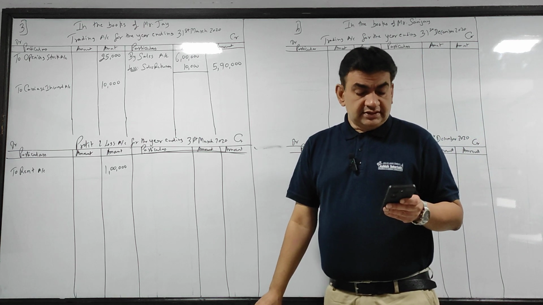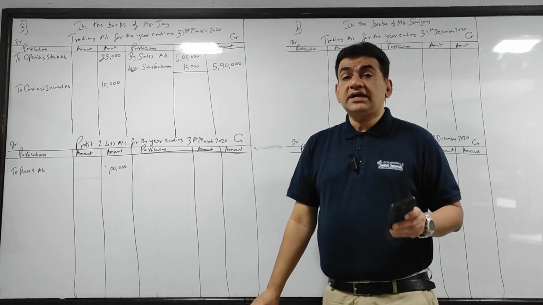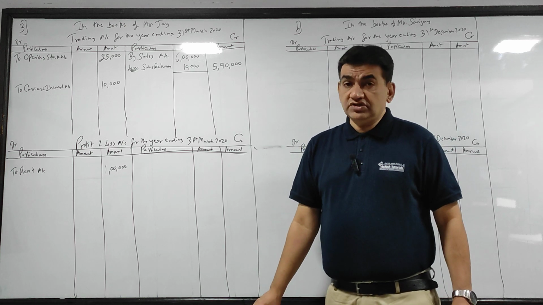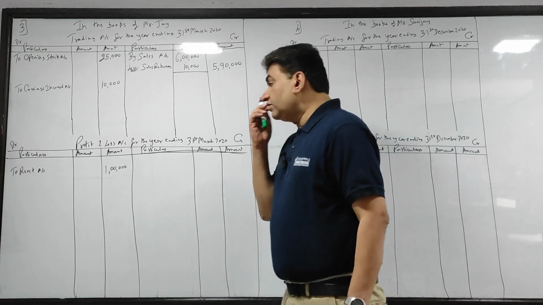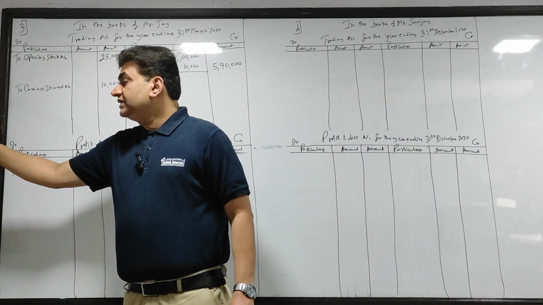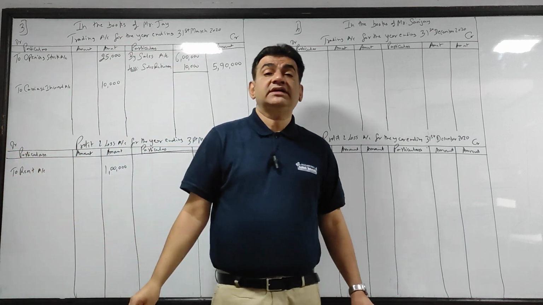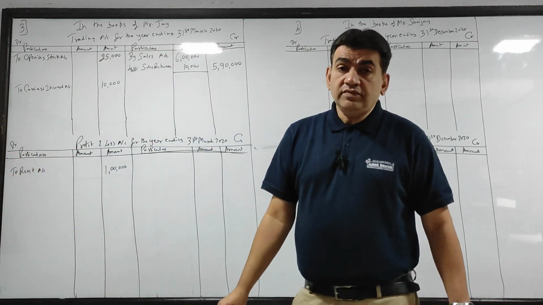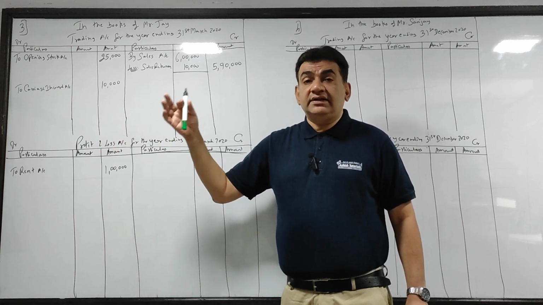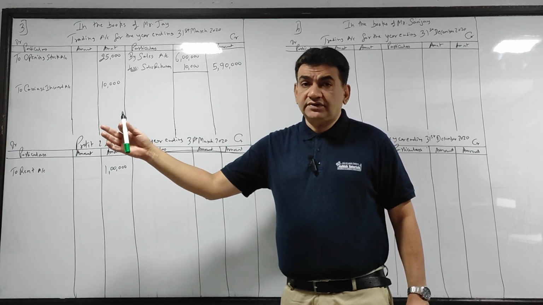Okay. Next, discount allowed. Now you all have done starting main journal also. We get discount, we give discount. Now allowed means what? Allowed means that what we have given to our customer. Allowed means we have allowed to a customer. Customer को दिया है. Now can I say when I give discount?